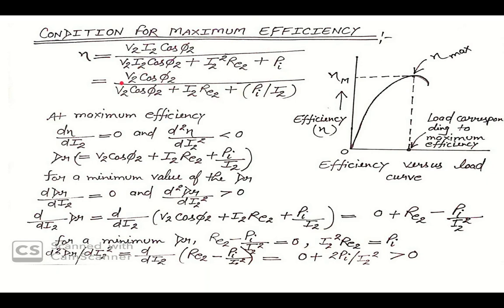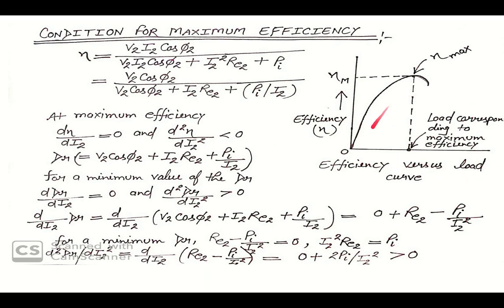After dividing, we get efficiency equal to V2 cos phi 2 divided by V2 cos phi 2 plus I2 Re2 plus Pi upon I2. This equation shows that the efficiency varies with the load. So the plot of efficiency versus load is represented here.